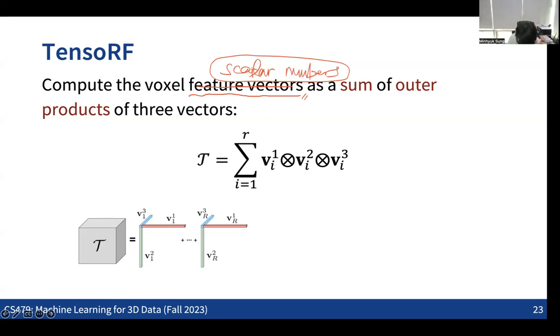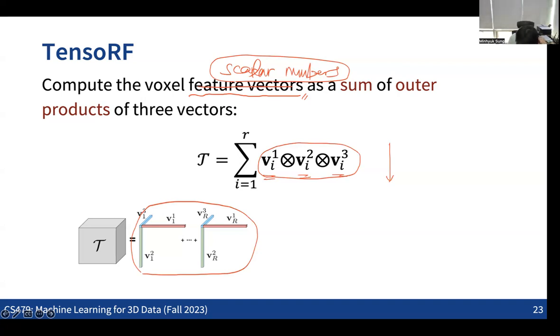The other way, especially when you want to do compression, is to have three vectors encoding the opacity information and take the outer products of these three vectors. We have multiple such triplets, and we sum up all the outputs of the outer products. That's one way we can do an algebraic decomposition of the 3D tensors.